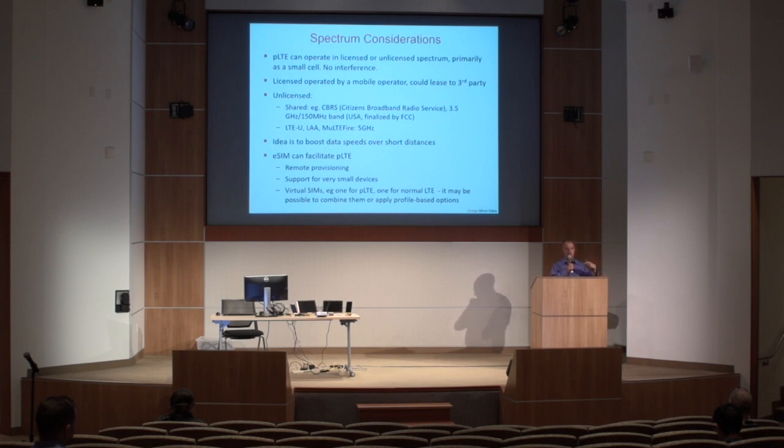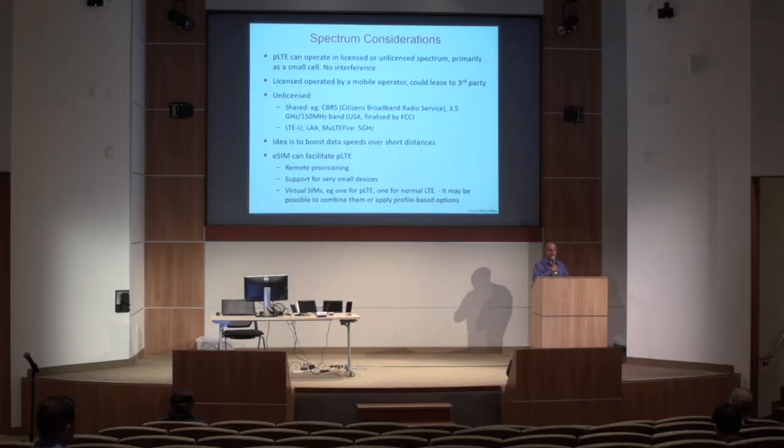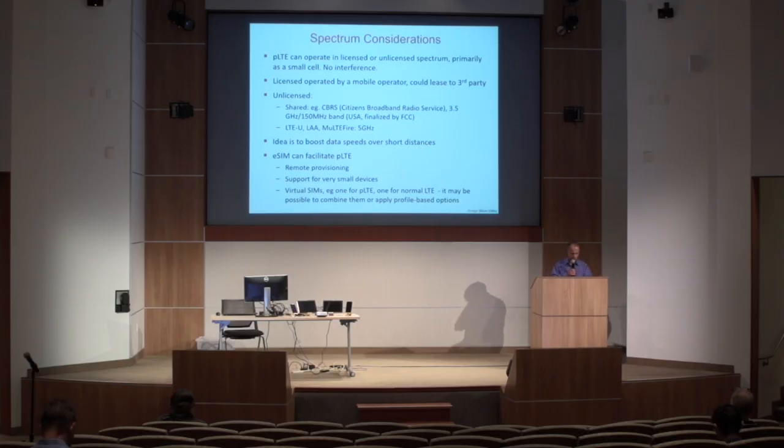It's not a physical SIM card, but something embedded in the phone itself, and you can do that through remote provisioning. I'm a big believer in eSIM. I think Apple has that in the iPhone X as a feature, and it can also support very small devices. Another type of device that you can attach to private LTE is IoT devices.